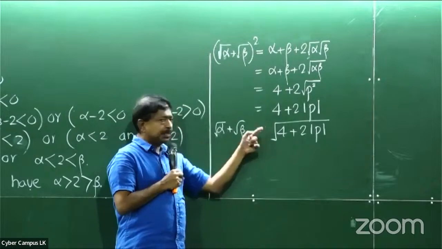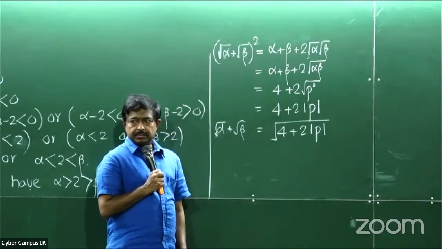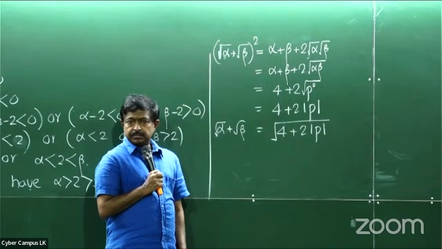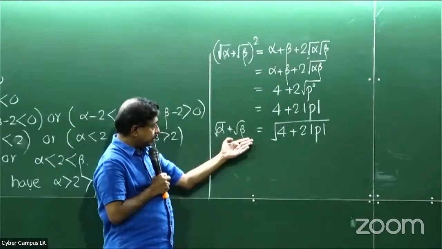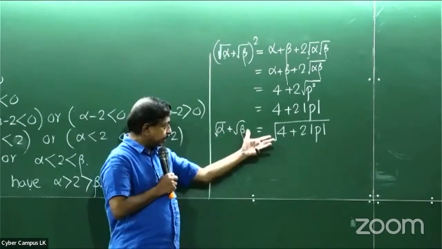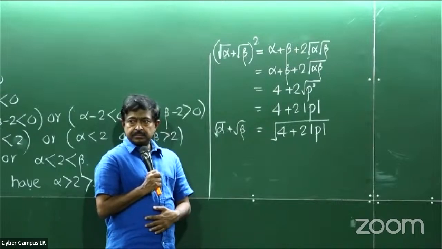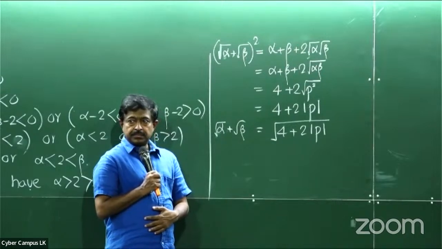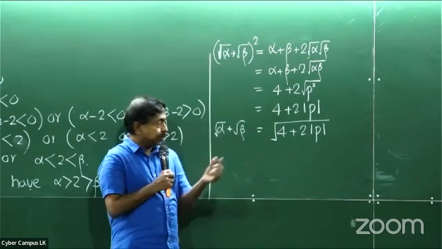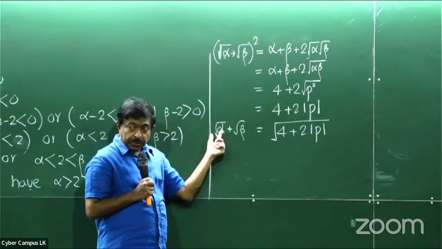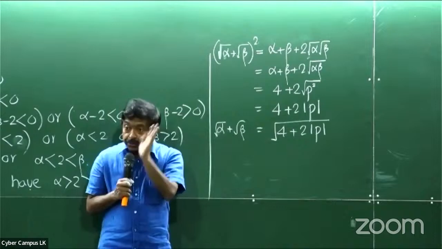What I wrote on the board is correct, but why don't you write plus or minus? Can it be minus? Look, a square root is positive, or at least non-negative.